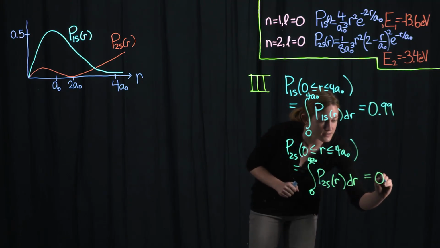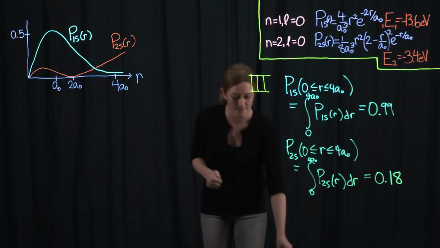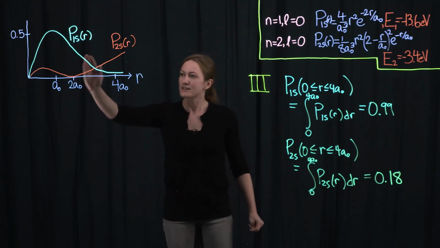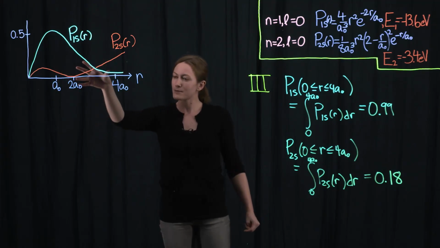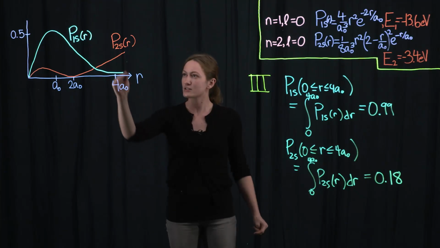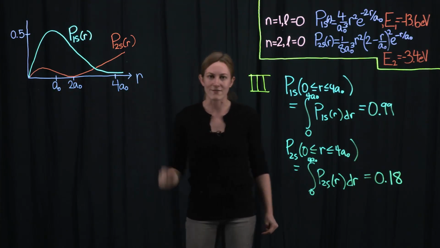The answer is 0.18, so an 18% chance that the electron will be found before 4 a naught, which reflects the fact that most of this probability distribution actually happens after 4 a naught. There's actually going to be a second peak in this red line at around 5 a naught.